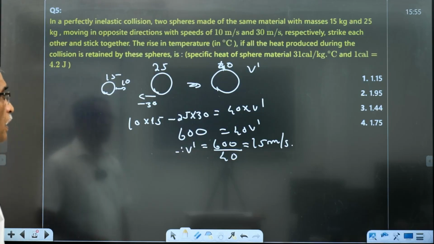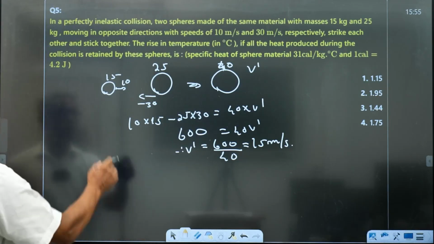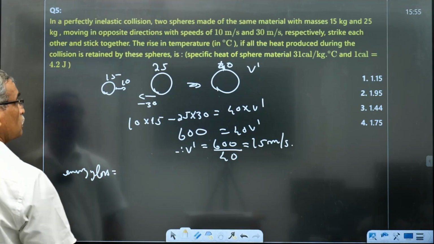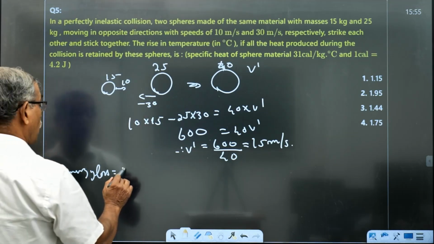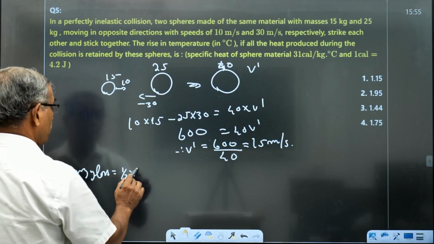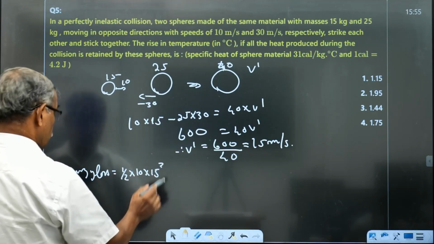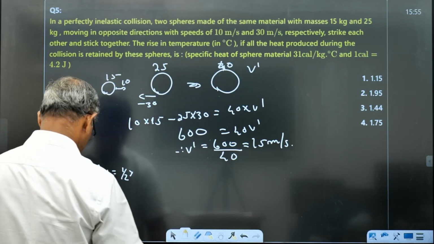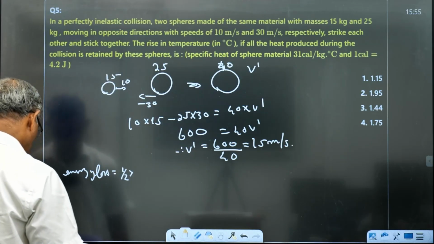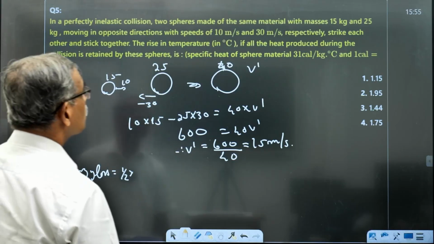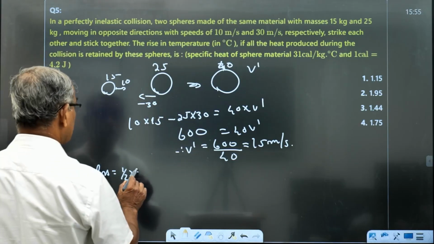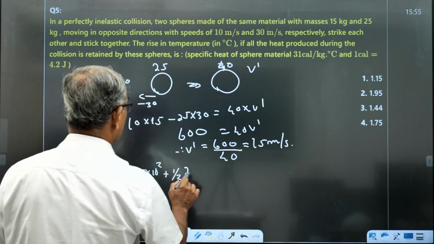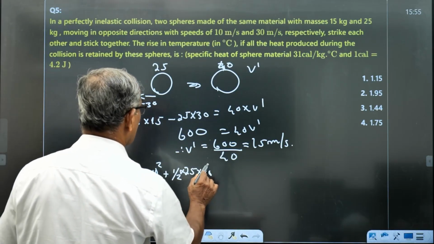Next thing, what we have to find: what is the energy lost? What is that energy loss? Total kinetic energy before is half into 15 into 10 square plus half into 25 into 30 square.